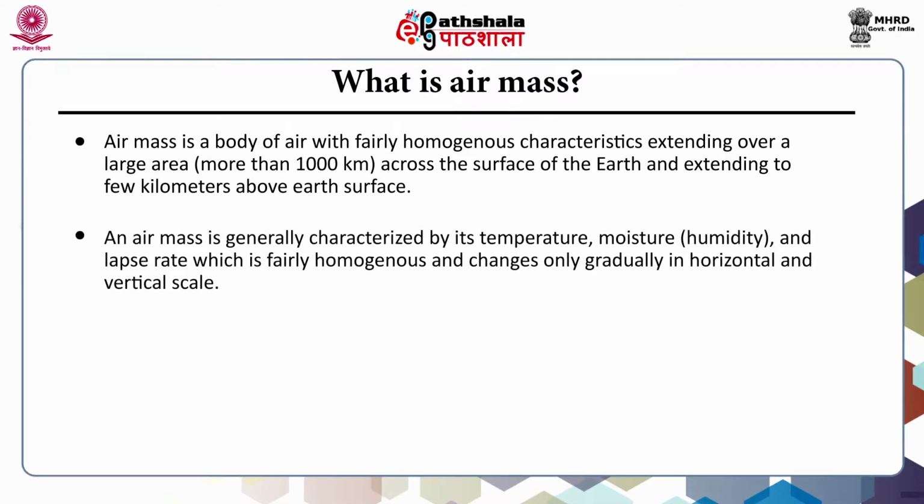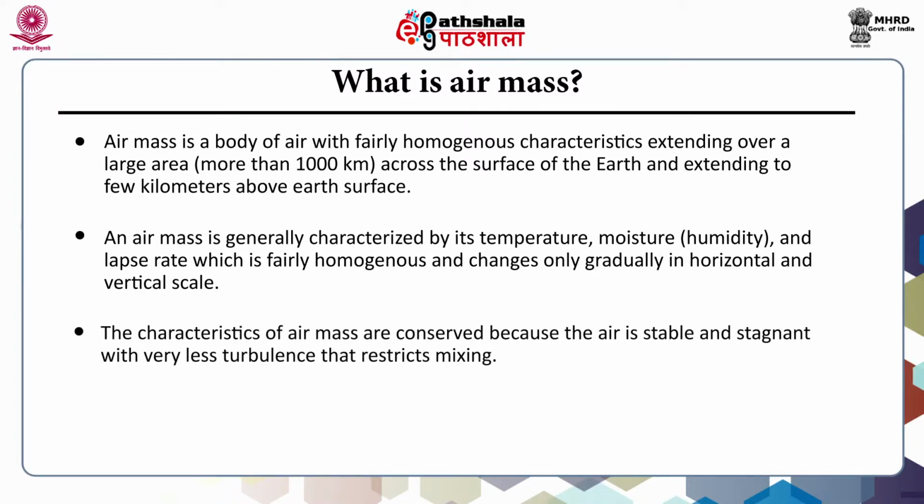An air mass is generally characterized by its temperature, moisture, that is humidity, and lapse rate, which is fairly homogeneous and changes only gradually in horizontal and vertical scale. The characteristics of an air mass are conserved because the air is stable and stagnant with very little turbulence that restricts the mixing. Air mass is an integral part of the global planetary wind system.